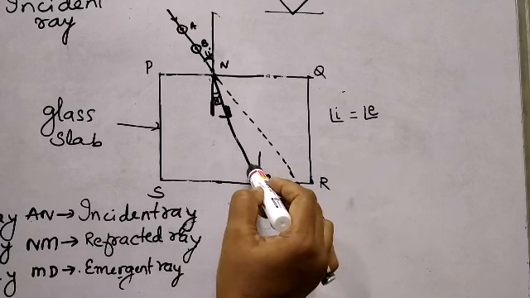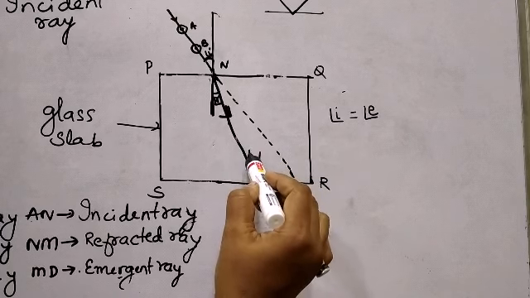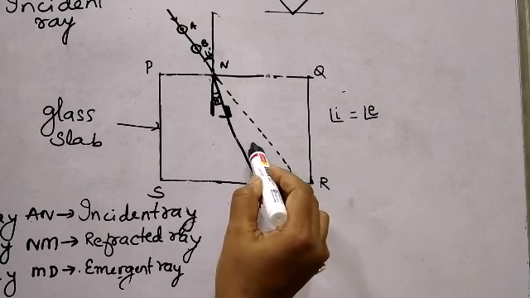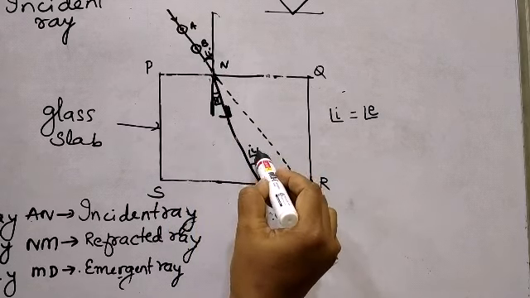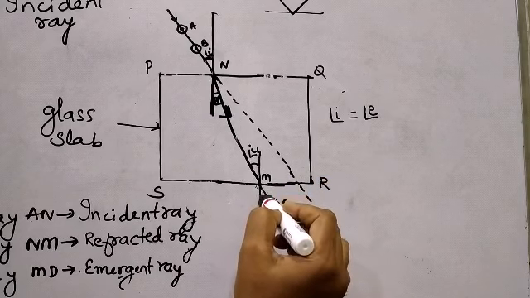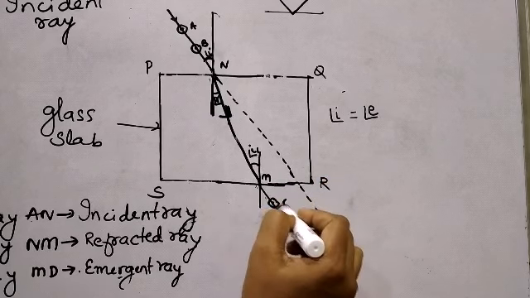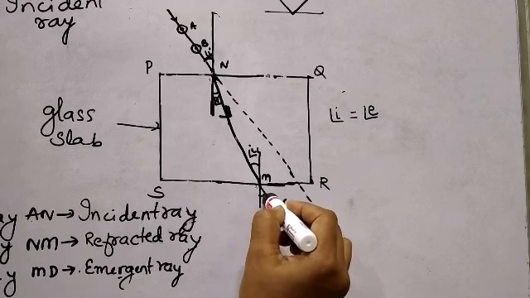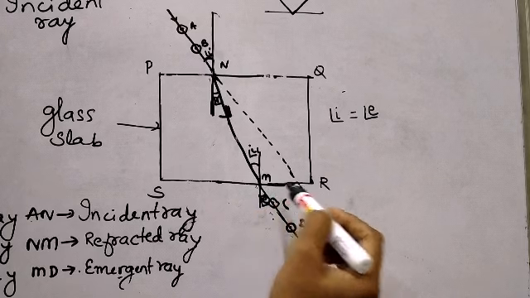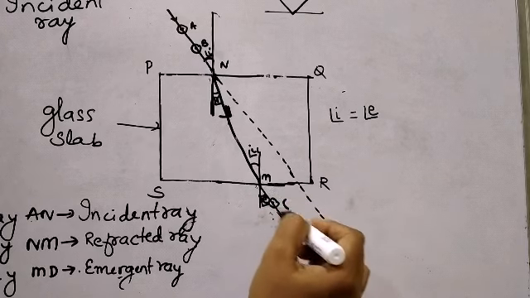Now in the second refraction, this is again an angle of incidence. I am not going to write it as I because I is already referred to here, so I will take it as I1. And this will be the angle of refraction here, because this will be the refracted ray and this will be the normal. But in this case, this angle of refraction is called angle E, that is the angle of emergence, because this is our emergent ray.